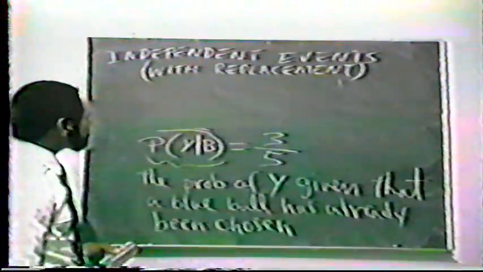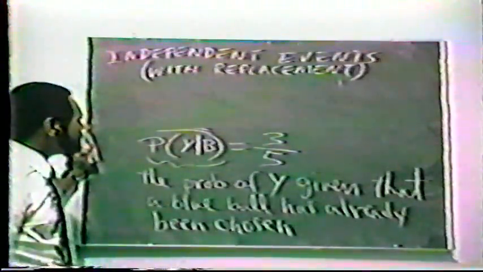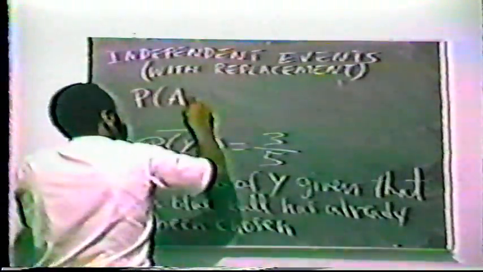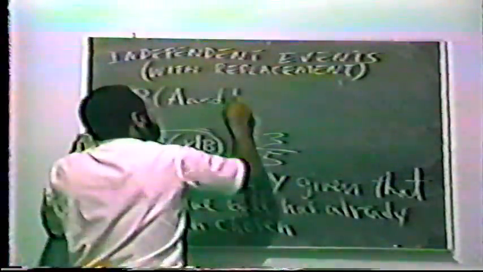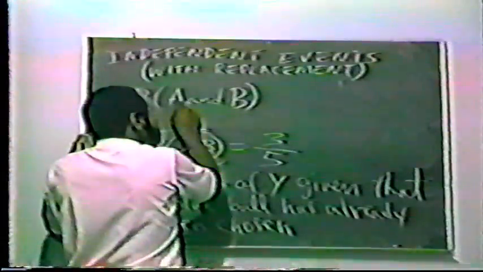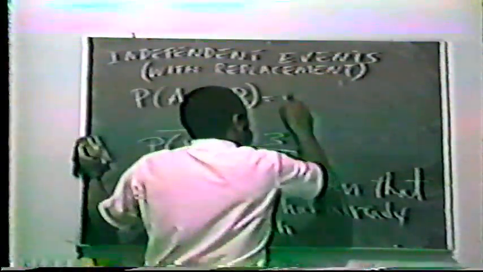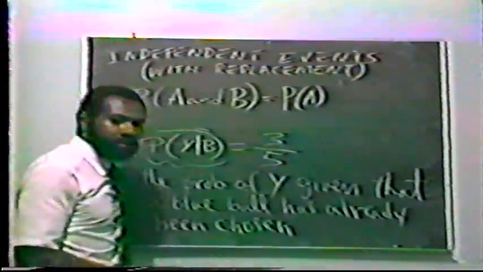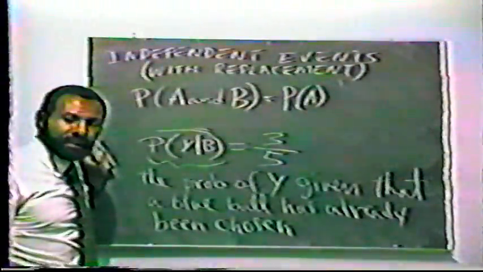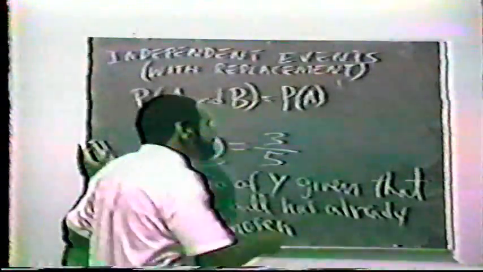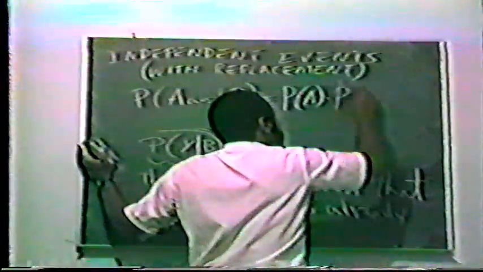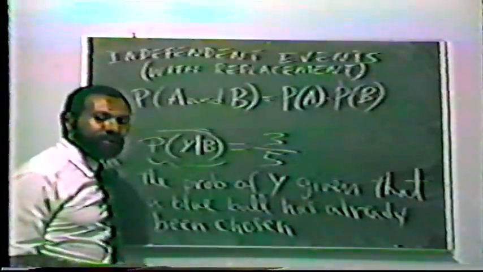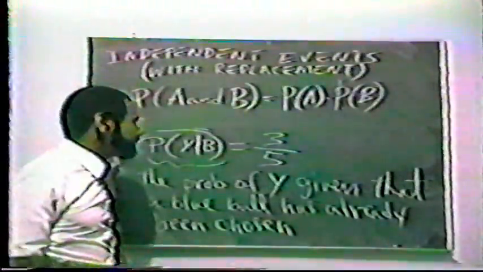Now, for independent events, the formula for the probability of A and B is this. The probability of A and B is equal to the probability of A, the simple probability of A in a single trial, times the simple probability of B, which is the probability of B in a single trial.